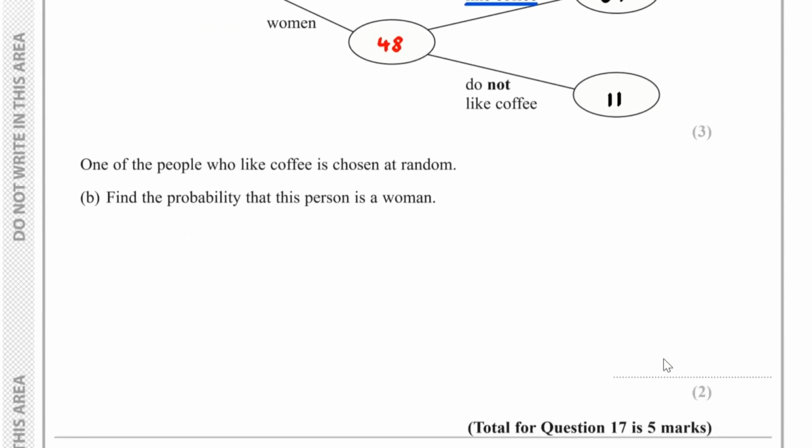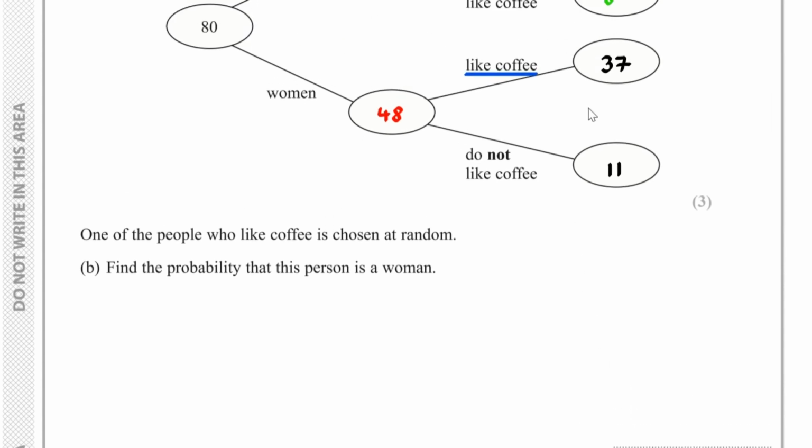Then, one of the people who likes coffee is chosen at random. We have to find the probability that this is a woman. Well, we've got here 37, so this is a woman who likes coffee.